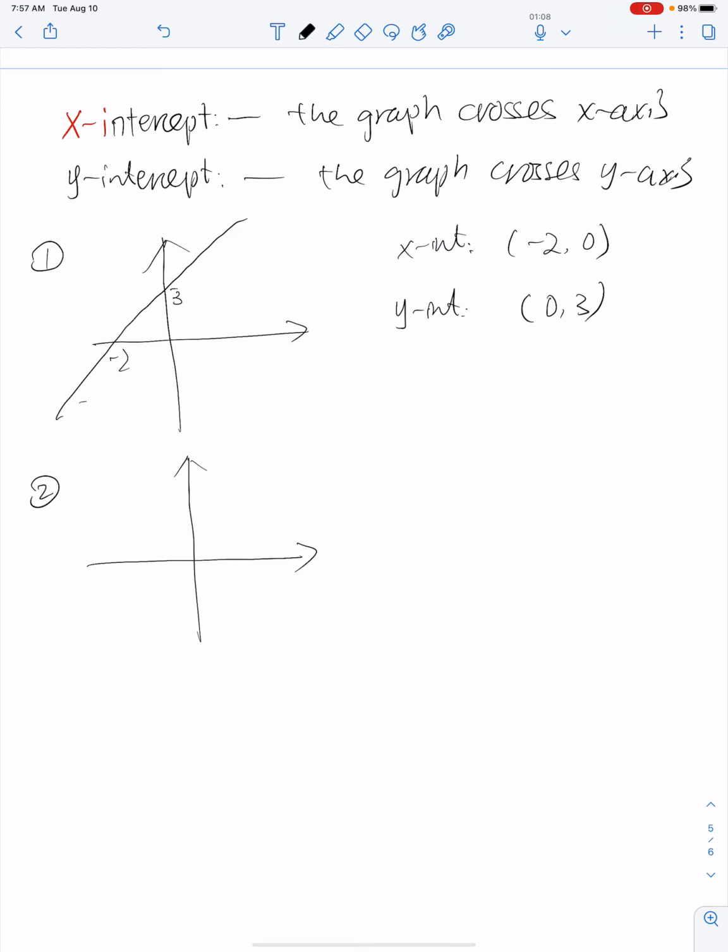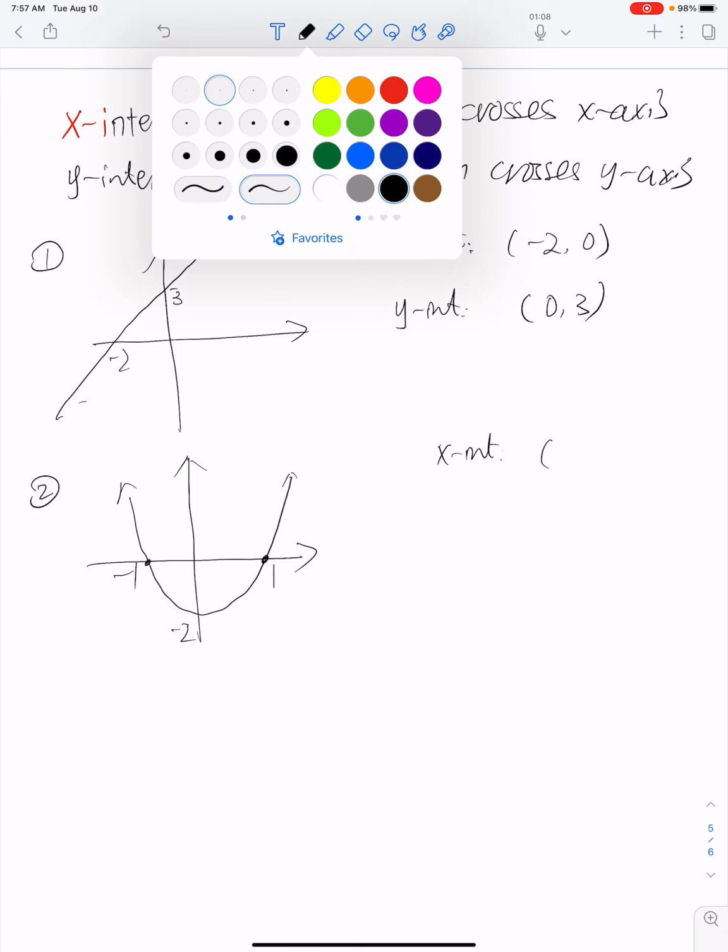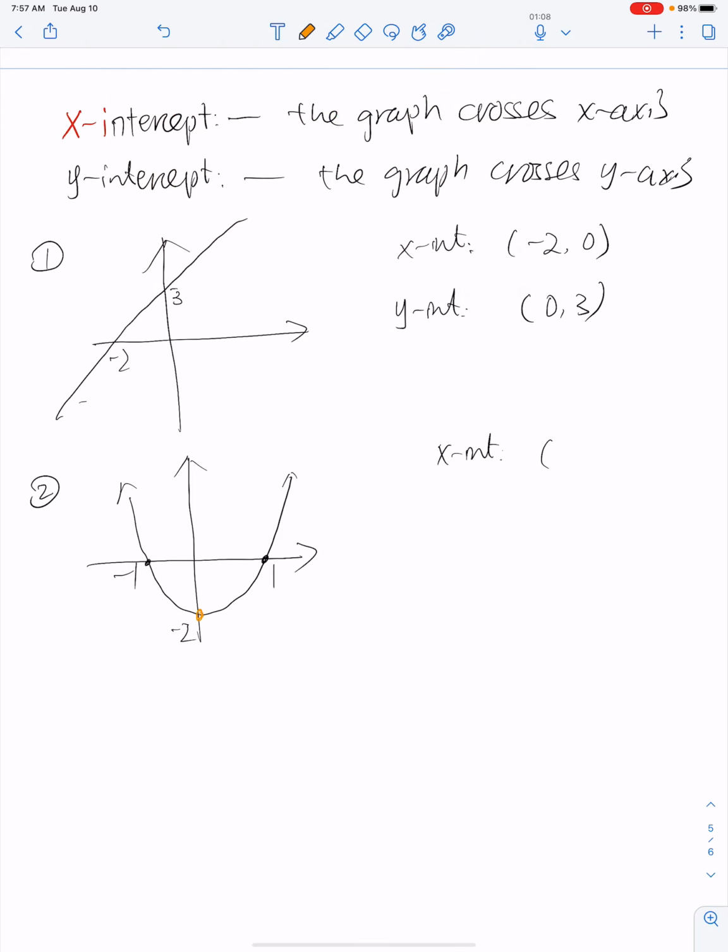Okay, so look at this one. What is the x-intercept now? Where the graph crosses the x-axis. Here is an x-intercept, here is an x-intercept, and here is your y-intercept. So the x-intercepts are -1, 0 and 1, 0.